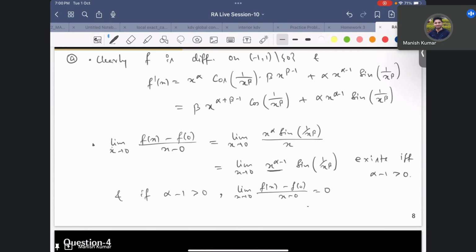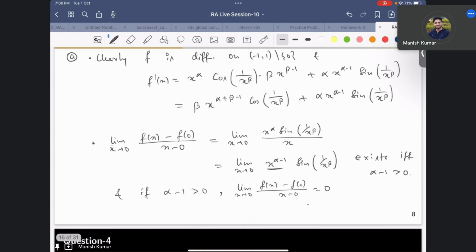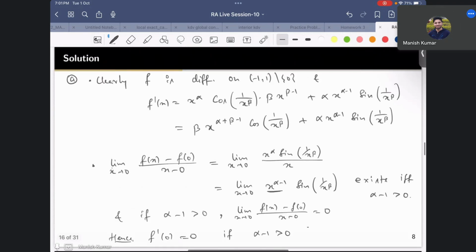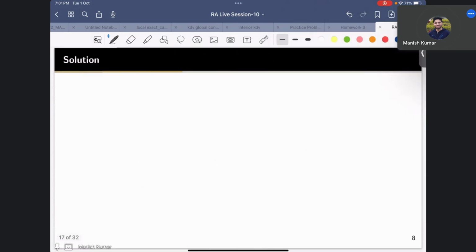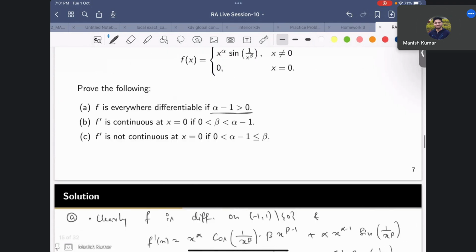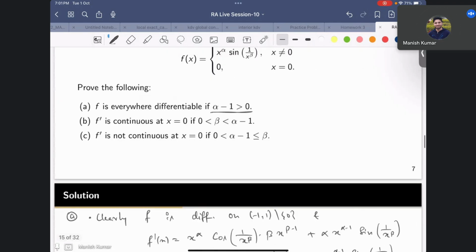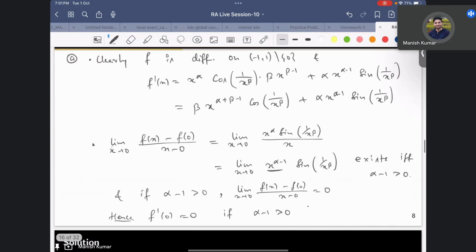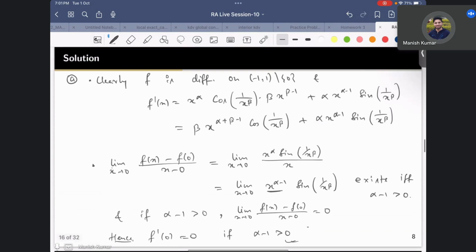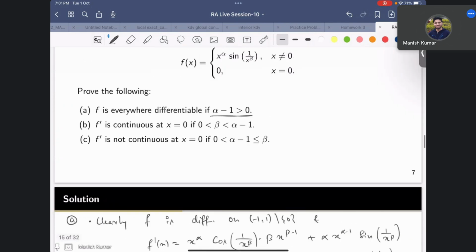So hence f'(0) is equal to 0 if α − 1 is greater than 0. So this proves the first part, that it is differentiable. For 0 I need this condition, but other than 0 it is differentiable, so there is no question at all.